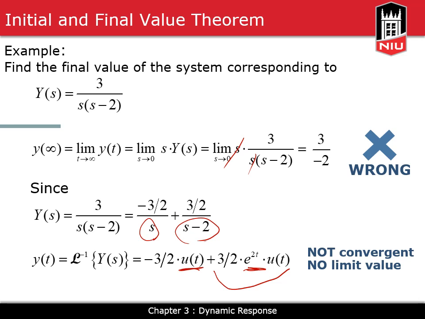As you increase t, e to the 2t will increase, so it does not have a limit. It does not converge to a constant value. It keeps increasing. It is not convergent. So there is no limit value. This tells us that the result obtained from the final value theorem is not valid for this example.